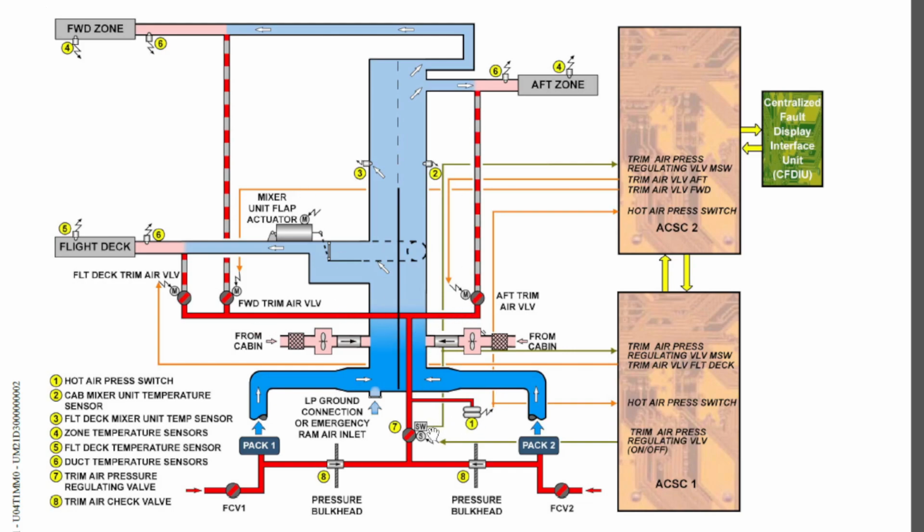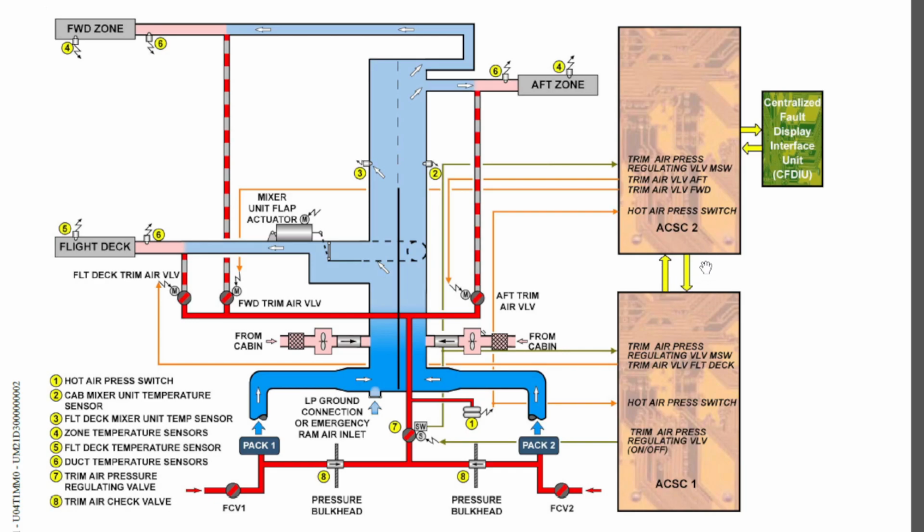To ensure that nothing happens if the pressure increases above the threshold, the pressure switch, when it senses a pressure somewhere around 6 psi, will send a signal to both computers, and the computers will generate an ECAM fault in the cockpit.